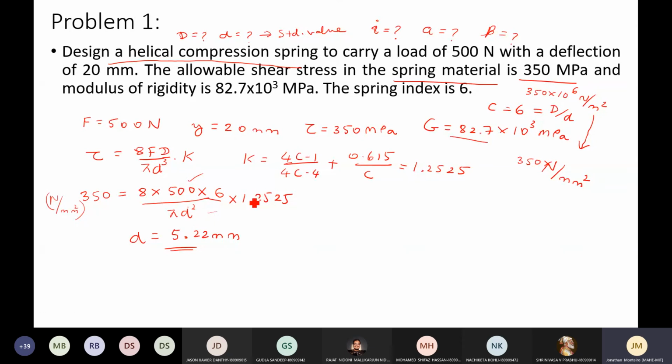Now standard wire, as I told you, these wires are always manufactured in some standards, just as the shafts that you have done.